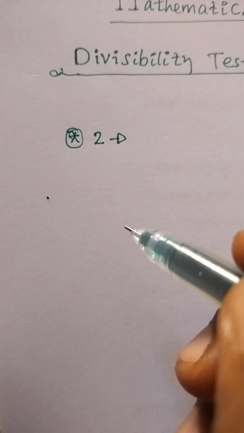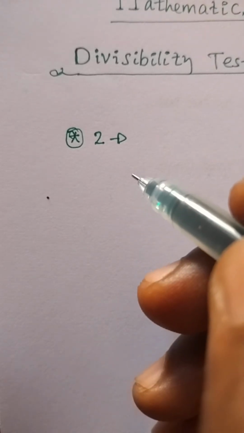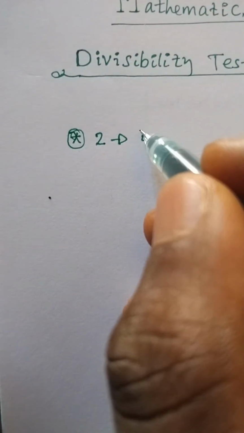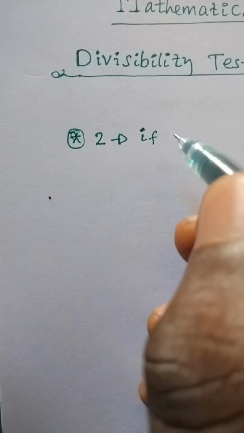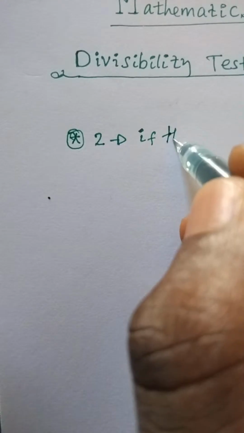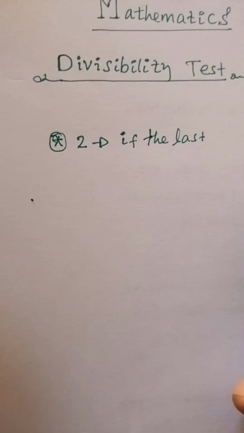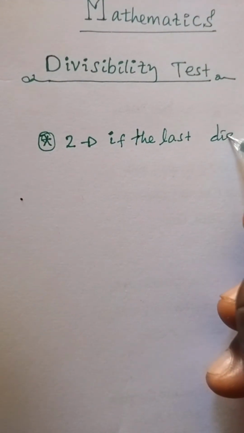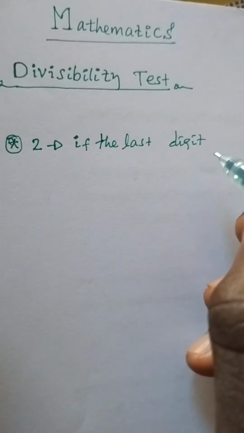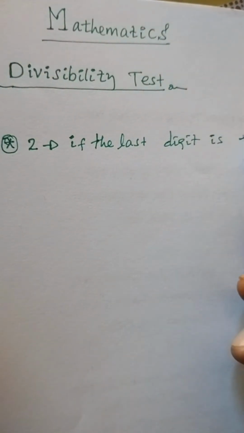Any number is divisible by 2 if and only if the last digit is even.